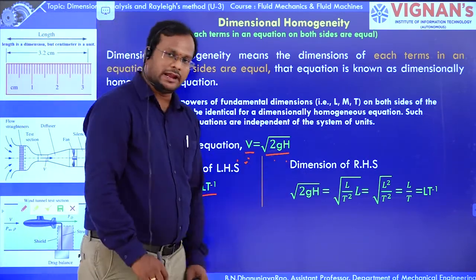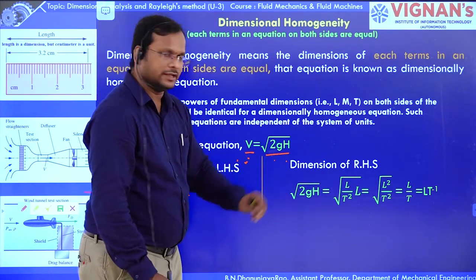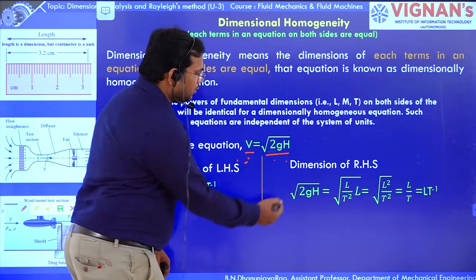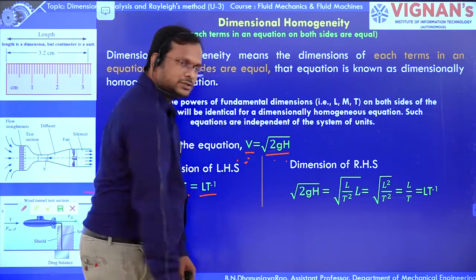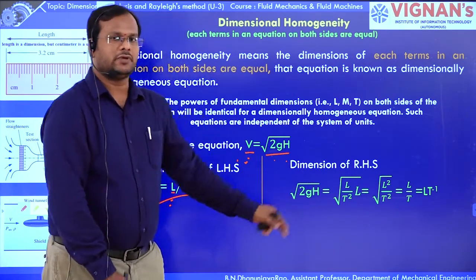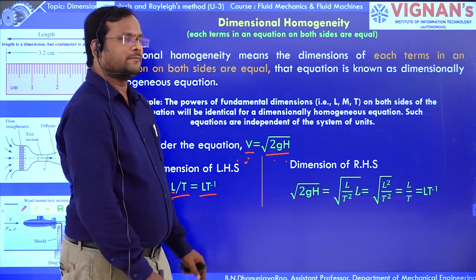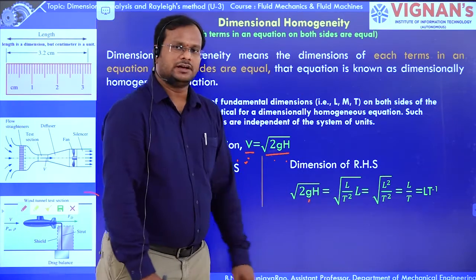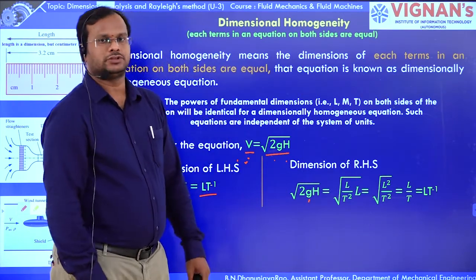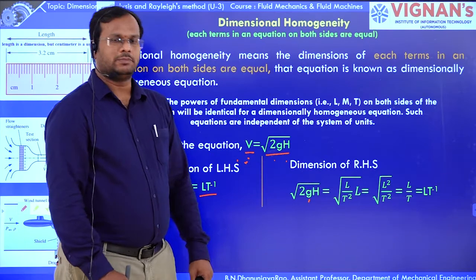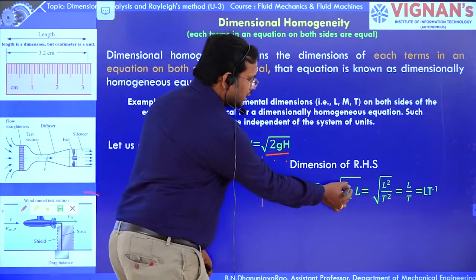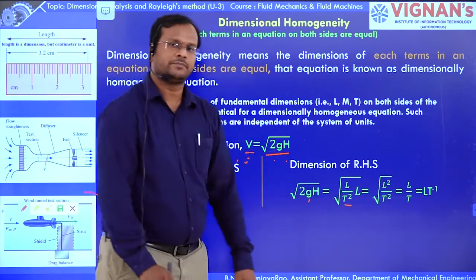When it comes to the right-hand side, root 2gh, we can remove this 2 because it is a numerical value. What is g here? g is acceleration due to gravity, meter per second square, so L by T square.